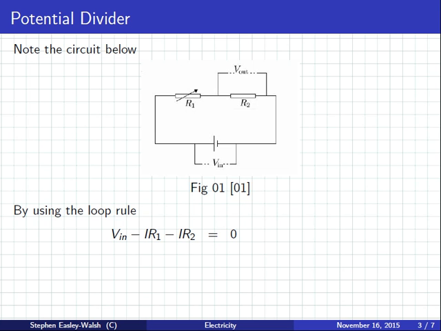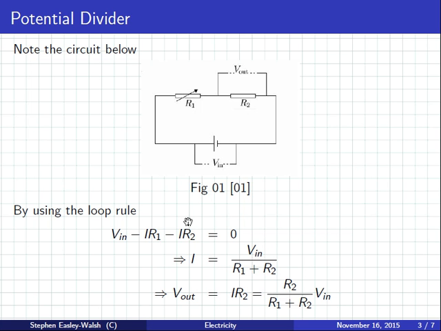Next, we can rewrite that to make I equals V in over R1 plus R2. That makes sense, doesn't it?